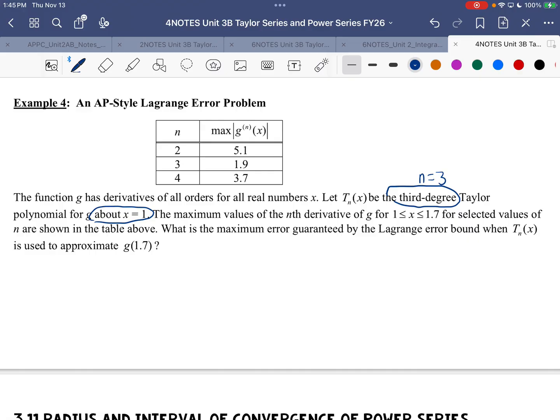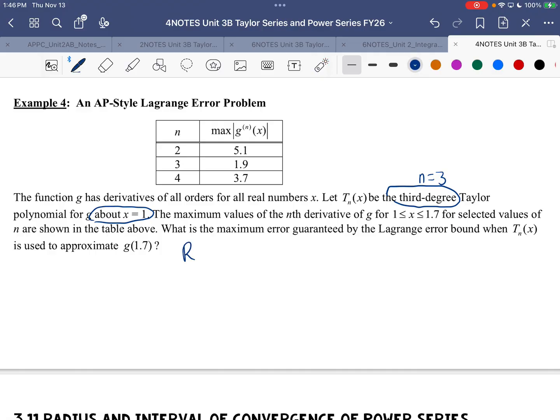The maximum value for g on the interval between 1 and 1.7. They want you to estimate g at 1.7. That's why they're giving you this interval. It's because they're saying somewhere near 1 and 1.7 is what we're trying to figure out. The maximum values for the nth derivative are given in the table. What is the maximum error guaranteed by the Lagrange error bound used to approximate g at 1.7?